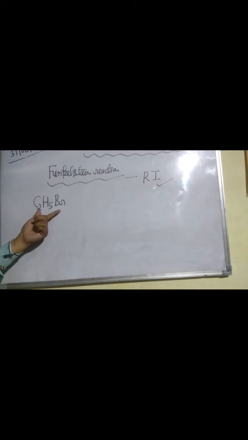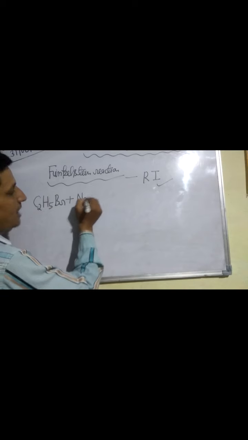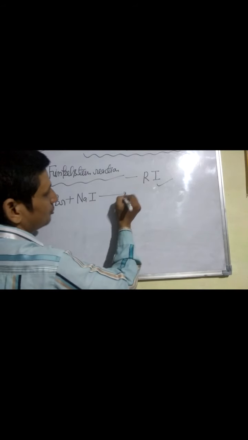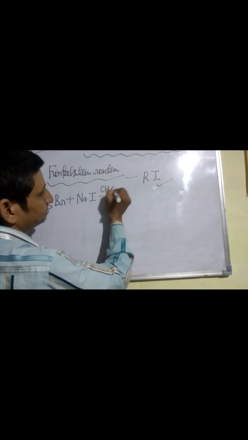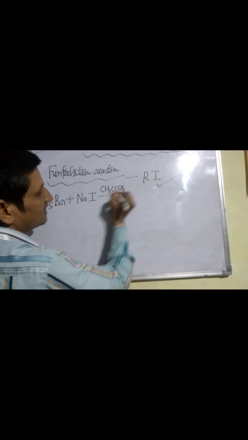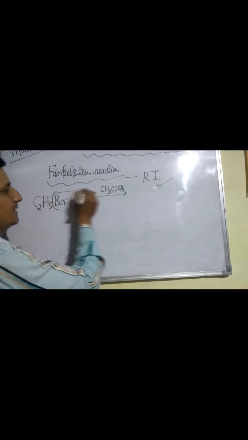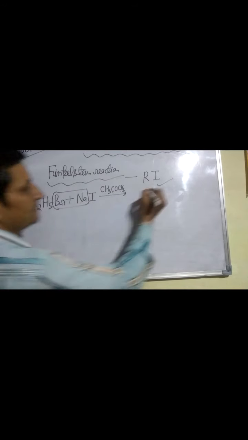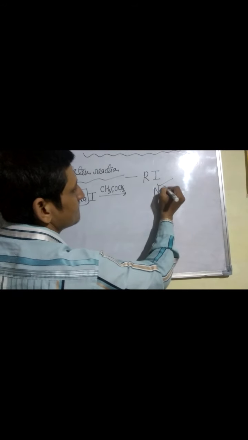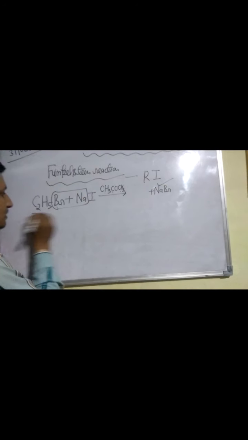Ethyl bromide when heated with sodium iodide in presence of acetone, CH3COCH3 is the formula of acetone, then Na and Br combine to form NaBr plus C2H5I.